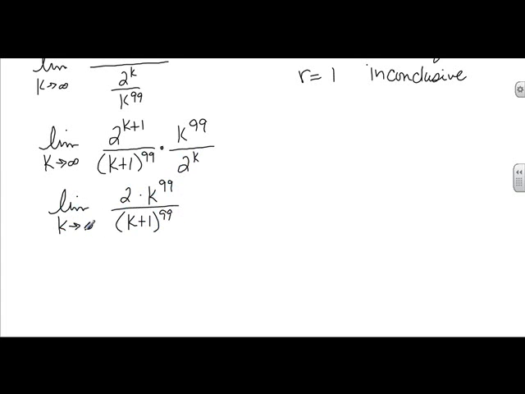So pulling out the factor 2, because that's a constant, and then we've got k to the 99th power divided by k plus 1 to the 99th power. I'm going to write that as k over k plus 1, all raised to the 99th power.